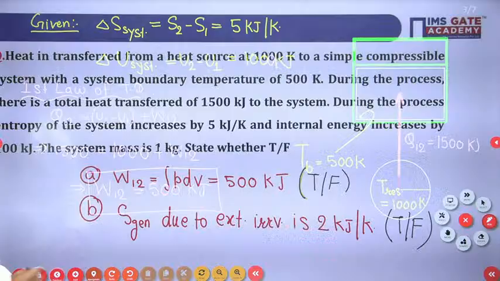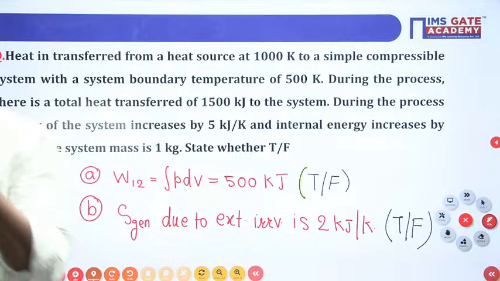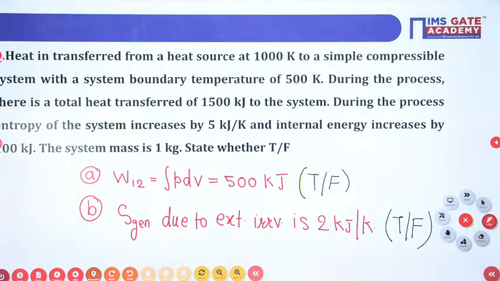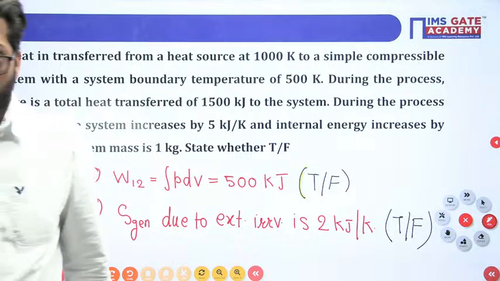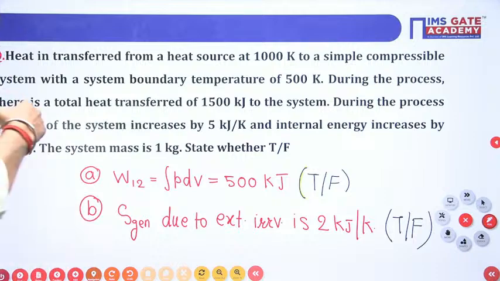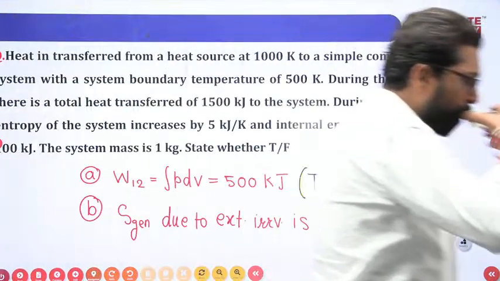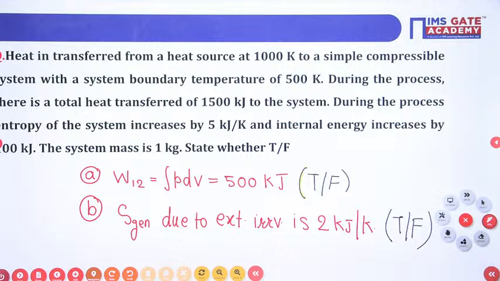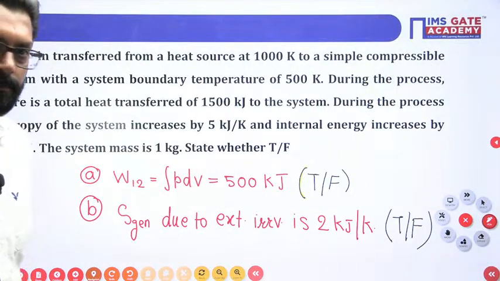Okay, we'll check the option. This is yes or no? Yes, 500 kilojoule. Correct. So what is your option? Is it true or false? Please tell me, everyone. Okay, you say yes, sir.